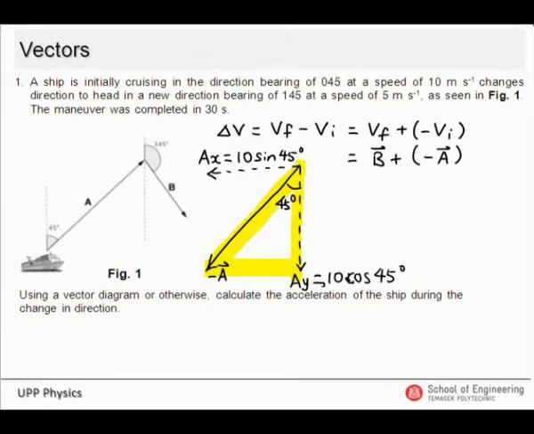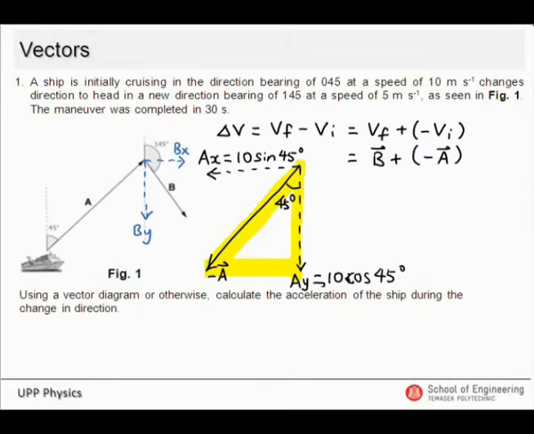Let's proceed to resolve vector B. We're going to do the same thing, resolve vector B in the horizontal direction and the vertical direction. So this will be Bx and this will be By. Take note, the speed has changed to 5 meters per second, so the length of this vector B is slightly shorter compared to vector A. So how are we going to calculate Bx?